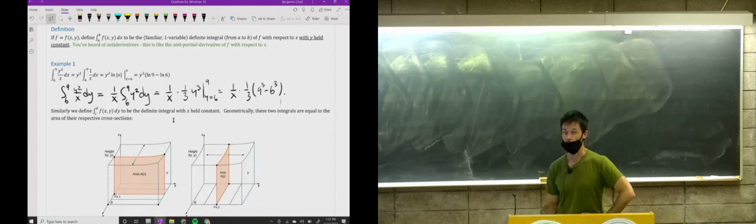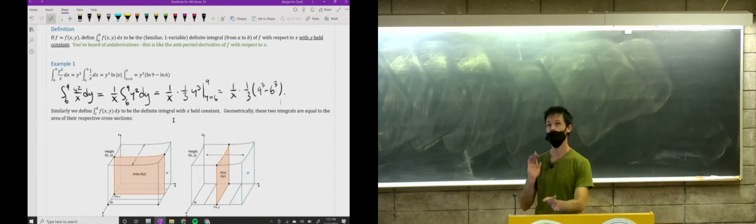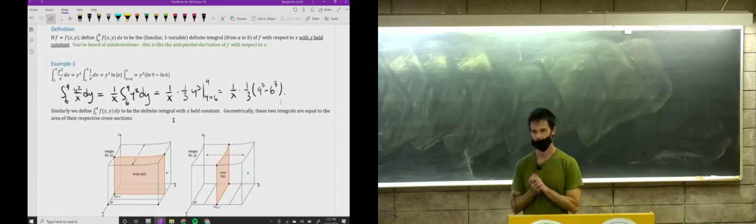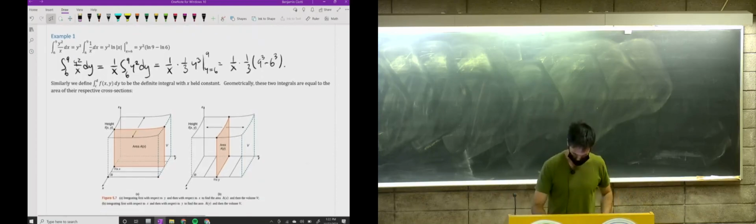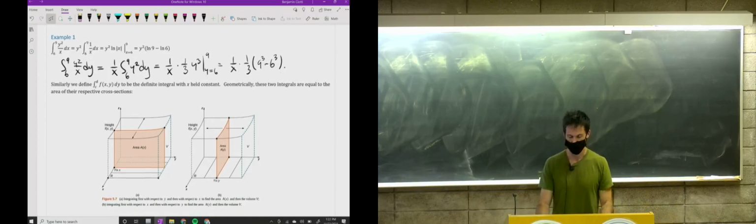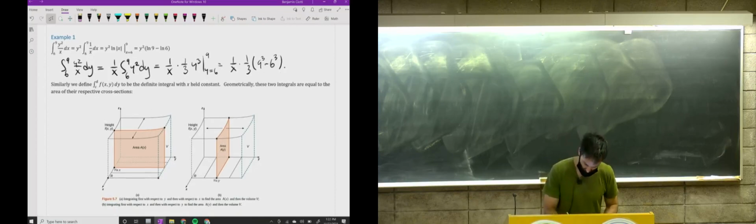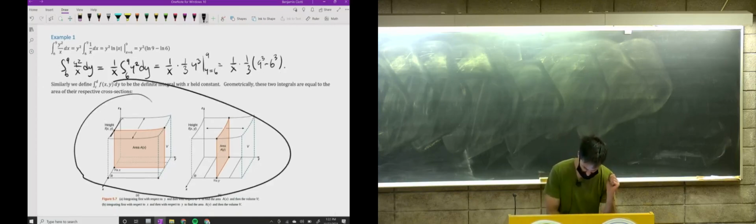If you think about it, these two types of definite integrals give you the area of a cross-section of the solid underneath the graph of f. So suppose, look at this picture, and suppose this surface right here on top is the graph of z equals f.